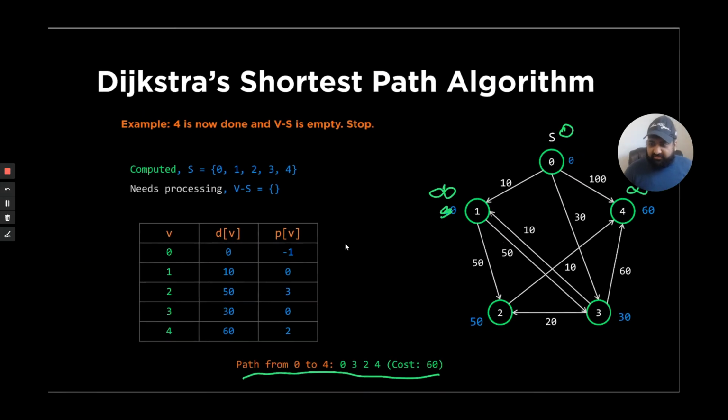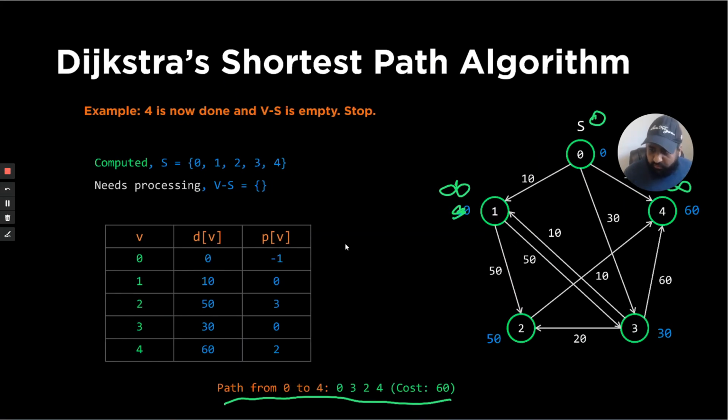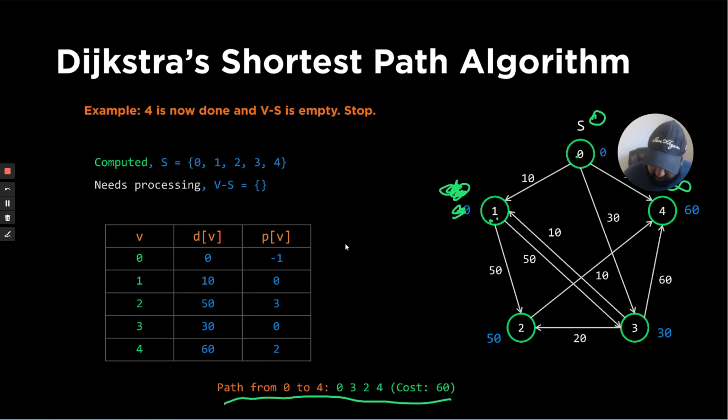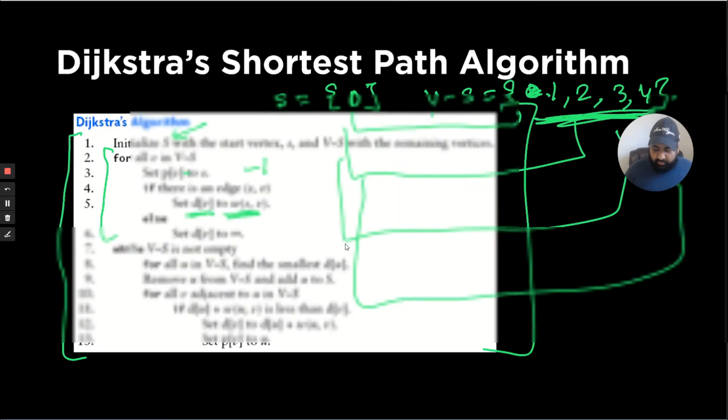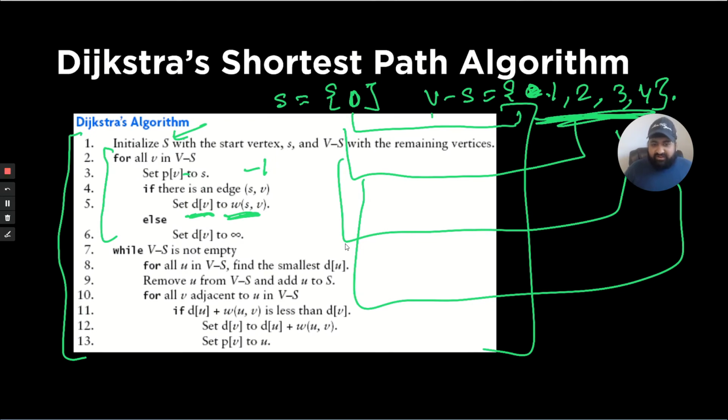In the pseudocode's initialization, instead of initializing everything to infinity, they initialize all the vertices first connected to the source to the value of the edges. So it's going to be 10 and 60, but the other ones are still going to be infinite. So you can initialize it either way. The problem will still work in both ways.